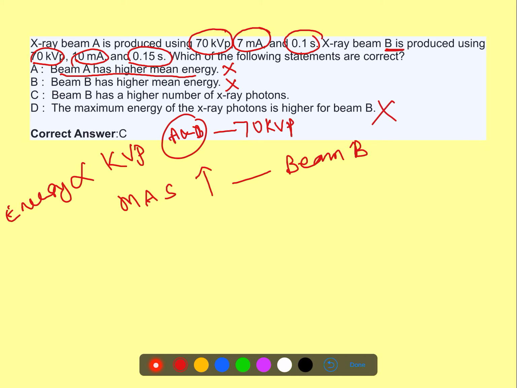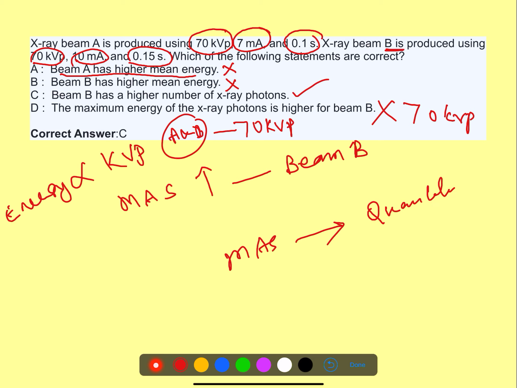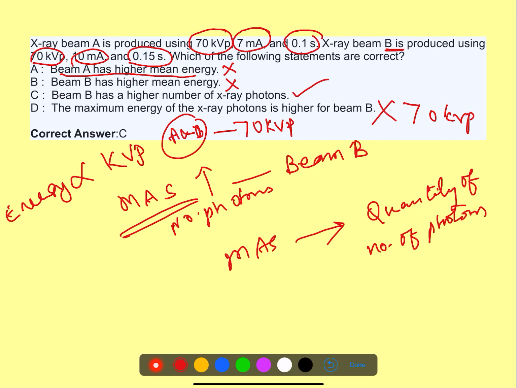No, we have 70 kV for both. But beam B has a higher number of X-ray photons? Yes, because mAs is the quantity of photons, that is, the number of photons released. So in beam B, with higher mAs, the number of photons is more. Hence the option should be chosen: beam B has a higher number of X-ray photons.